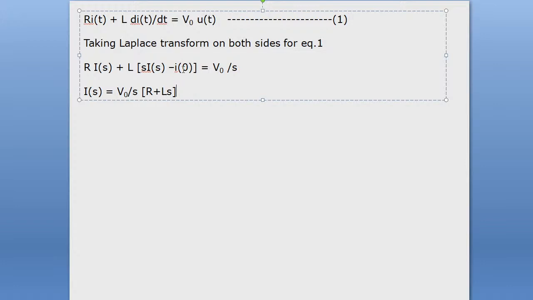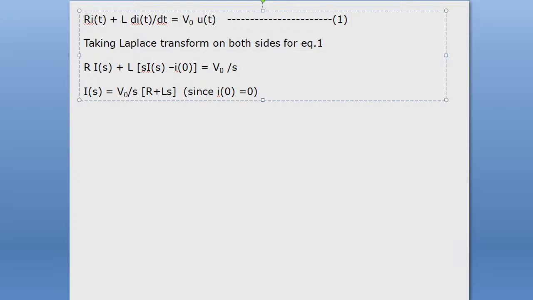What is the value of I naught? Since I naught equal to 0, because initially the inductor is fully charged, I mean the voltage drop across the inductor is the supply voltage. It will act as an open circuit, therefore the current will be 0.